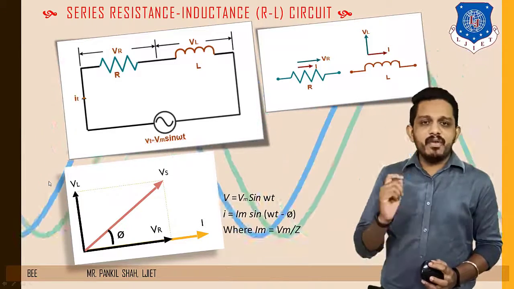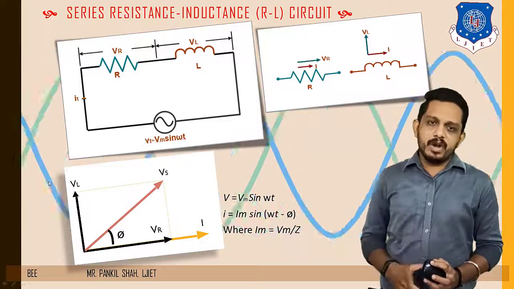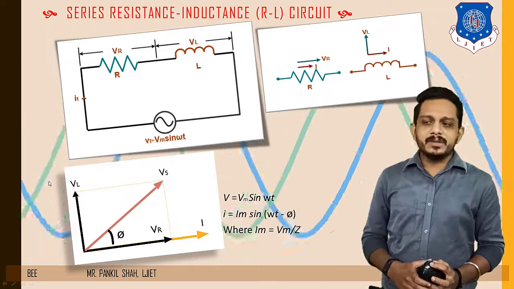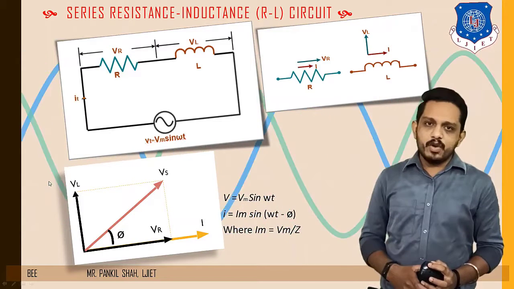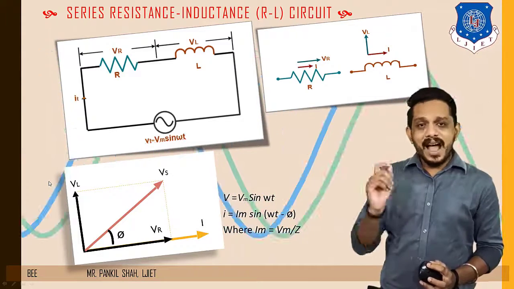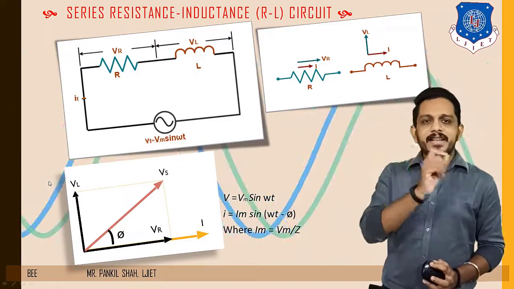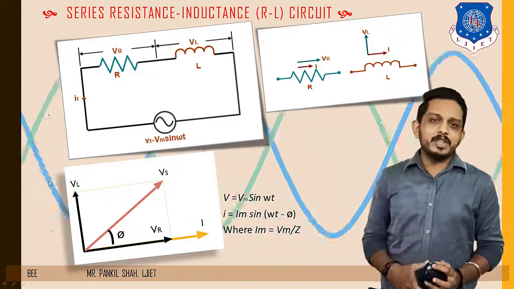If we want to write the equation of the voltage and current, then we can write like this. The equation is V equals Vm sin omega t, and current I equals Im sin(omega t minus phi). We have written minus 5 degree here.